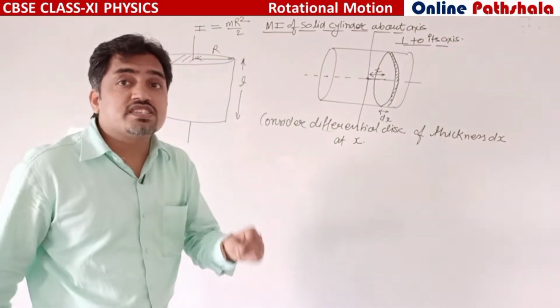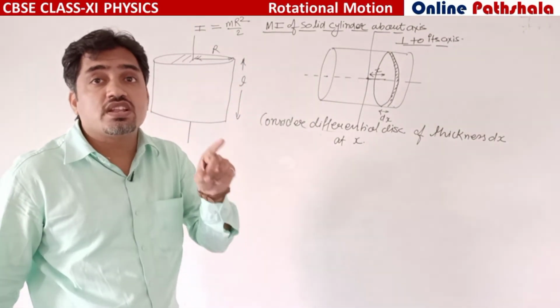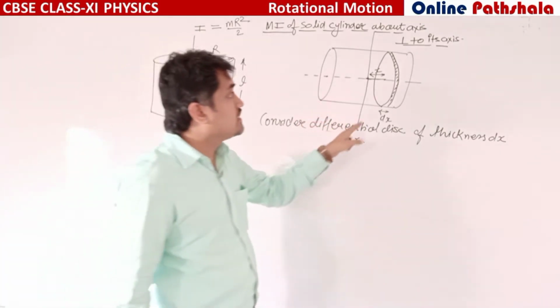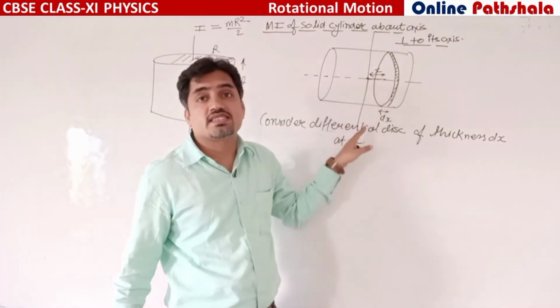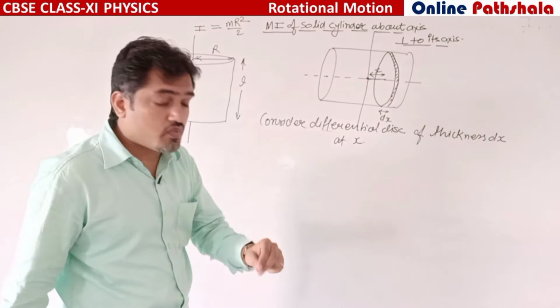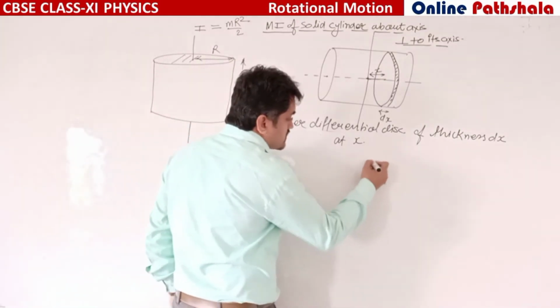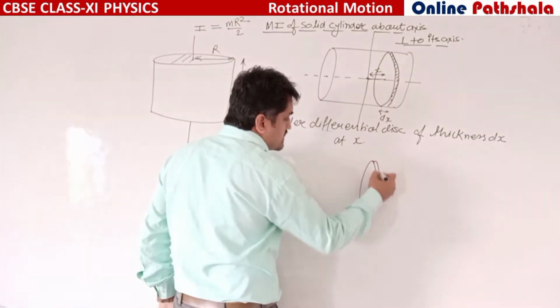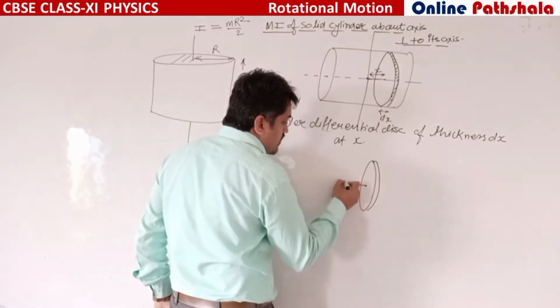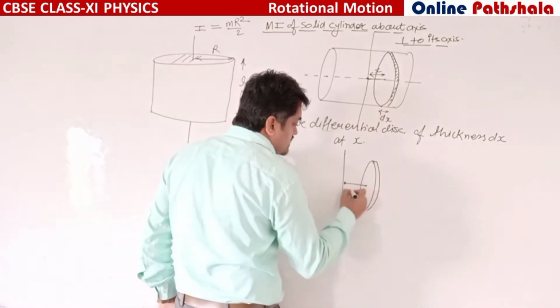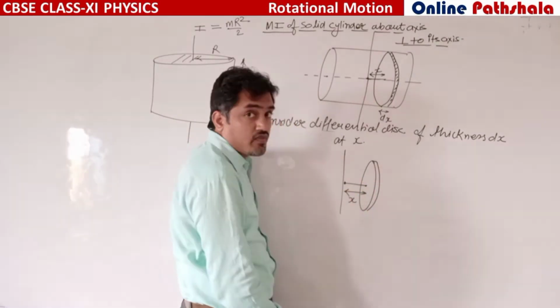So what is the moment of inertia of this differential disk about this axis? It is our differential disk and we want to find the moment of inertia about the axis which is at x distance from its center.